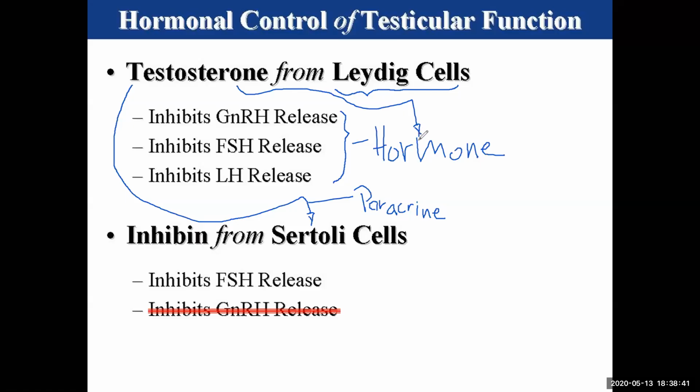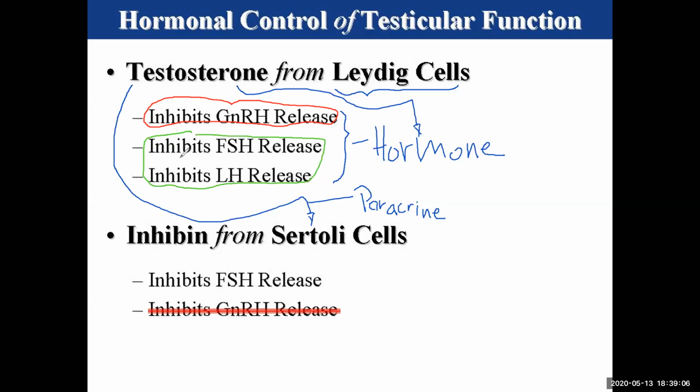So it will move from the testes all the way up to the hypothalamus to inhibit the release of GnRH. This is targeting the hypothalamus, whereas the next two, it targets the anterior pituitary, right?